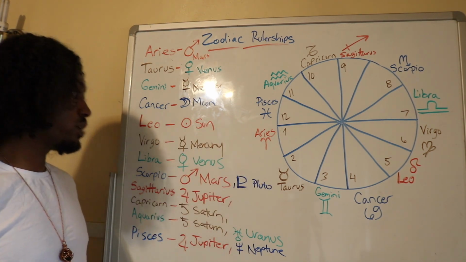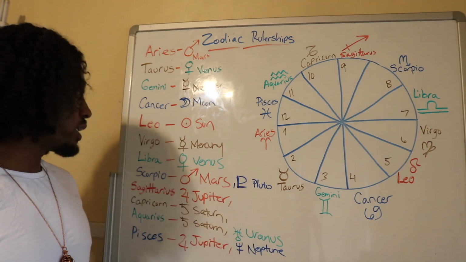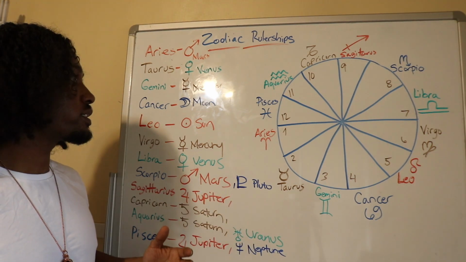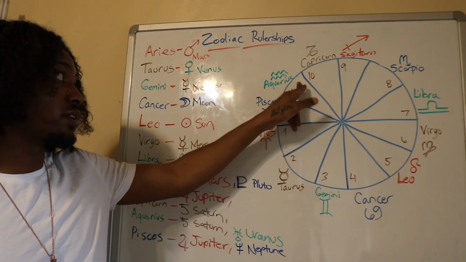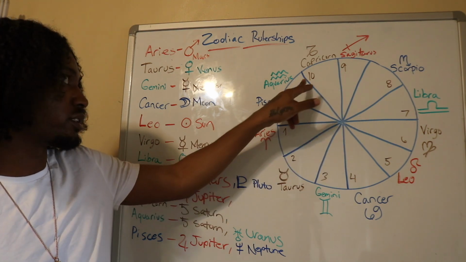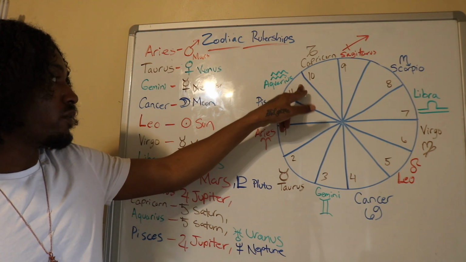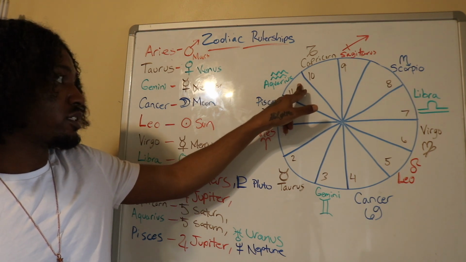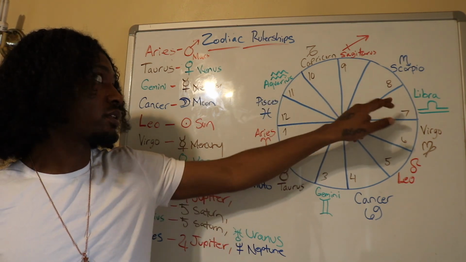So, this is the rulership, basically. This is what planets rule over which signs, right? And this is important to know because let's say you have Aquarius on the cusp of the 11th house. This is the house of friendships, right? Hypothetically speaking, it could be anywhere, but I'm just using this as an example. Now, let's say that the ruler of the 11th house is deposited into the 7th house, right? So this could be Uranus or Saturn, because they rule over Aquarius.